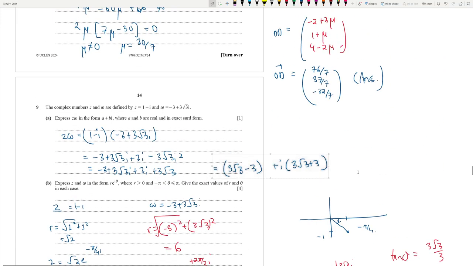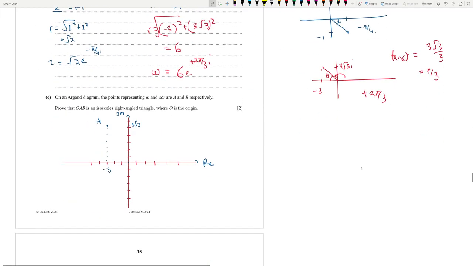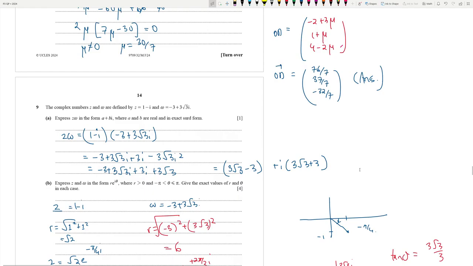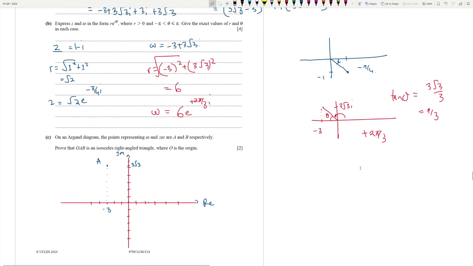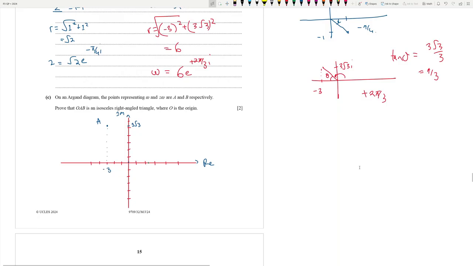This. So 3 root 3 minus 3, which is 2.2, 2.2 somewhere over here, and 3 root 3 plus 3, which is crazy, 8.2. That's so high up. Okay, I have a technique.